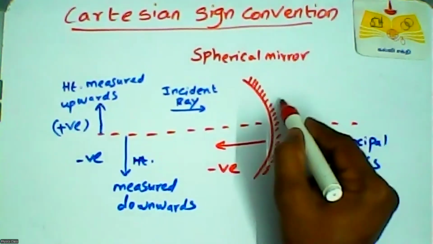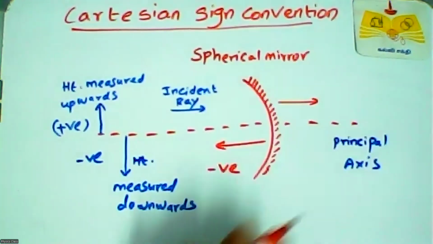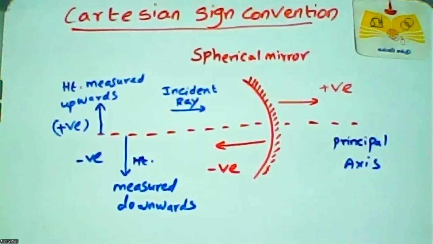And the distances measured in the direction of the incident ray are positive. Clear? So this is the basic sign convention. I will teach you in detail.